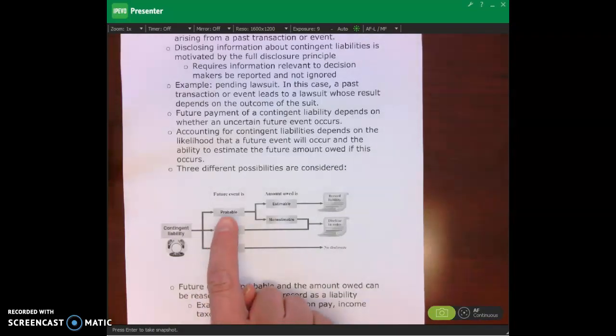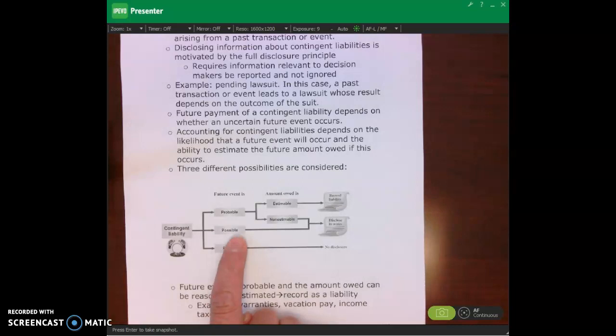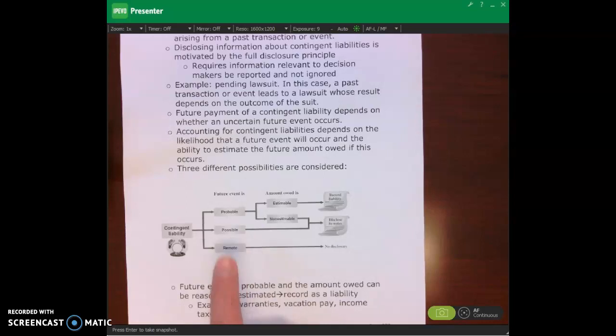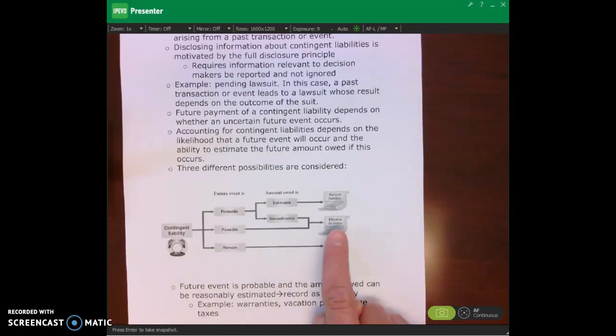It depends upon whether it's probable that we're going to lose the lawsuit, possible that we'll lose the lawsuit, or remote. If it's remote, we don't need to do anything. No disclosure. If it's possible and we can't estimate how much we're going to lose, we need to disclose it in the notes.